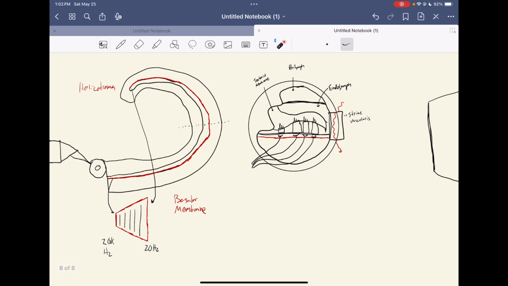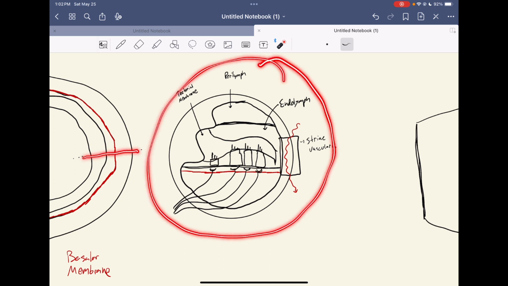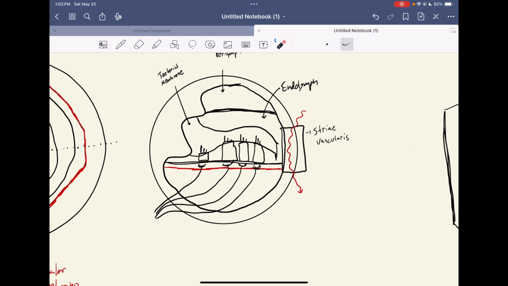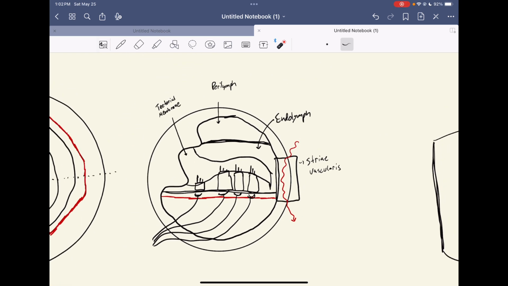But the way we actually hear is, if we take this cross section, this is what it looks like if we cut this in half and open it up. So we have a few different bodies here. We have the perilymph, which is this section, and the endolymph here, and this is also endolymph down here.